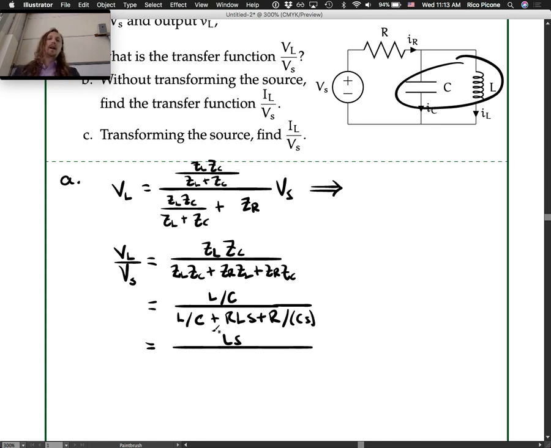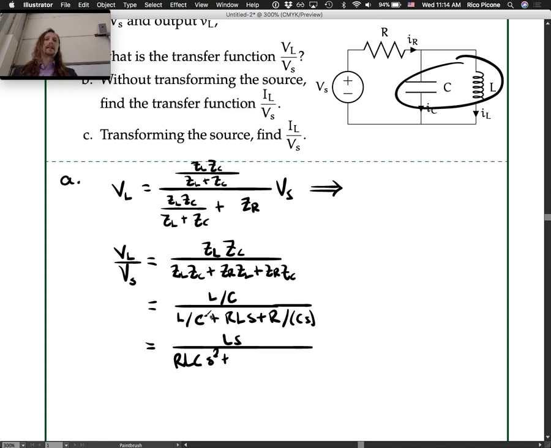So if we multiply numerator and denominator by CS, we cancel the C, we get the S remaining. This term is going to turn into an S squared term. I'm going to move it to the far left because it's the highest order S term. So we're going to have RLC S squared plus, this one has the CS cancel, so that's the lowest order one.